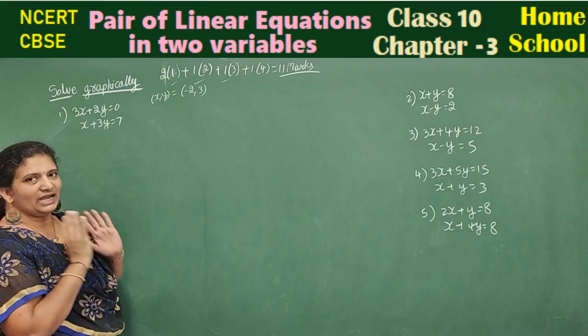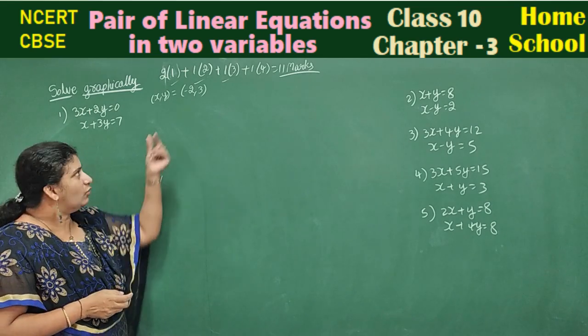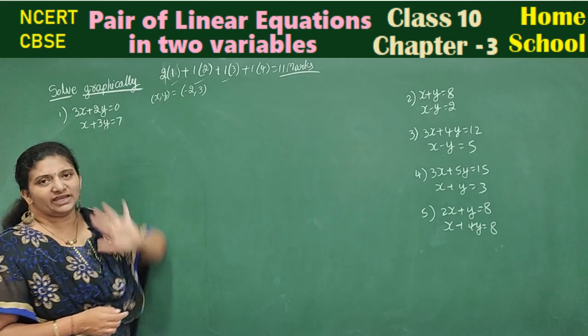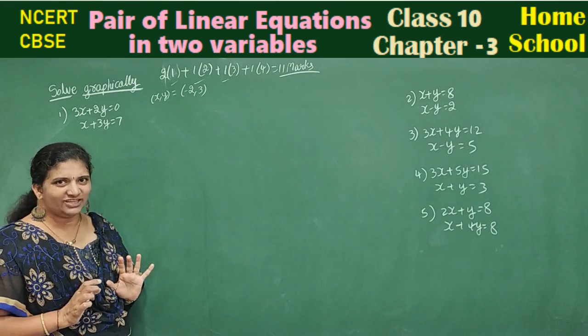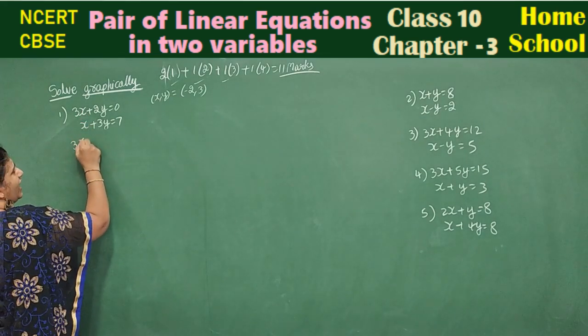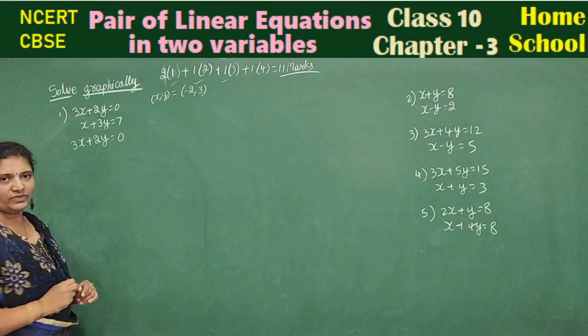Now, let me start my problem graphically. That is only rough work, right? I need only minus 2, 3, and in this also only minus 2 is enough. Okay, so now let me take the first equation, 3x plus 2y is equal to 0.